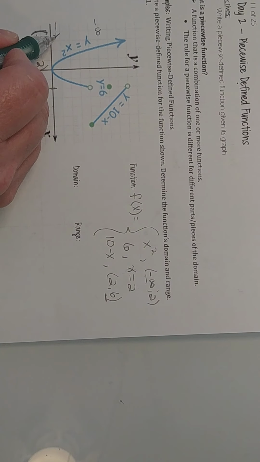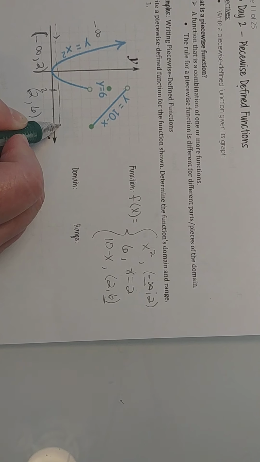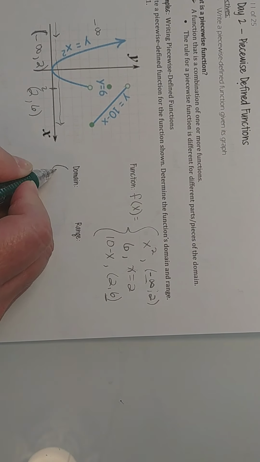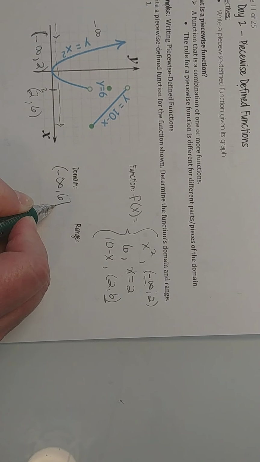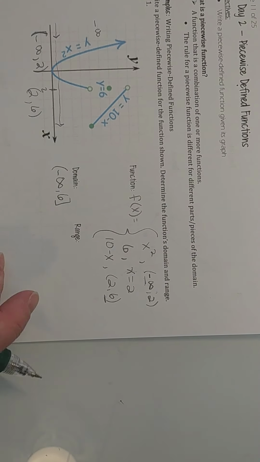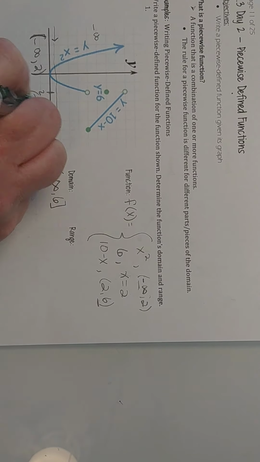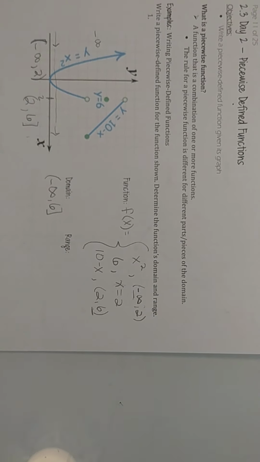And if we went through the graph, we see that the x's are continuously covered until we get to 6. So our domain, negative infinity to positive 6, and it includes that. And that's something that I should change here. Let's change this to be a bracket.